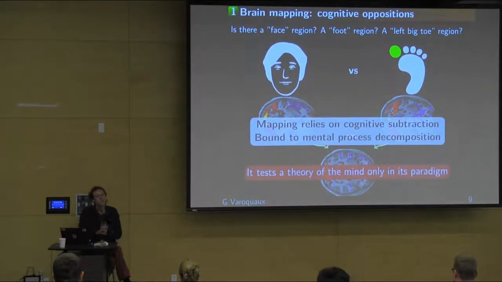And if we take a step back, really the core issue there is that brain mapping uses cognitive subtraction. What I just showed you supposes that you can decompose the stimuli or the task into a set of subtasks that are relevant, okay?